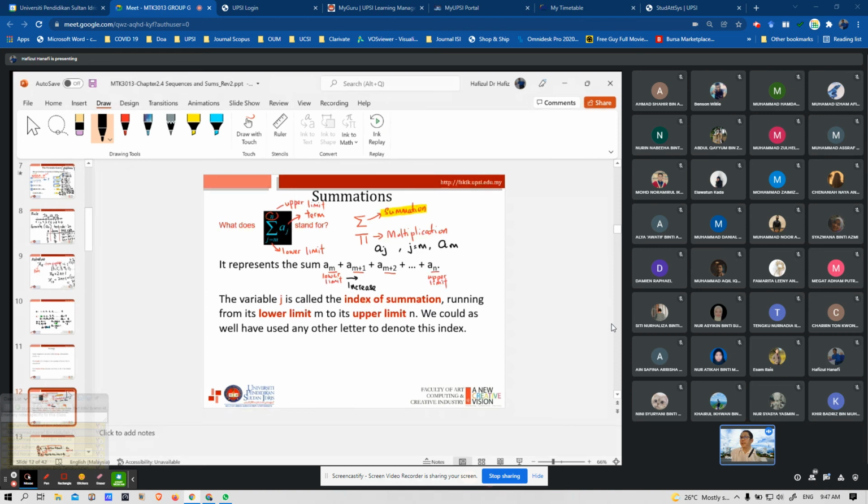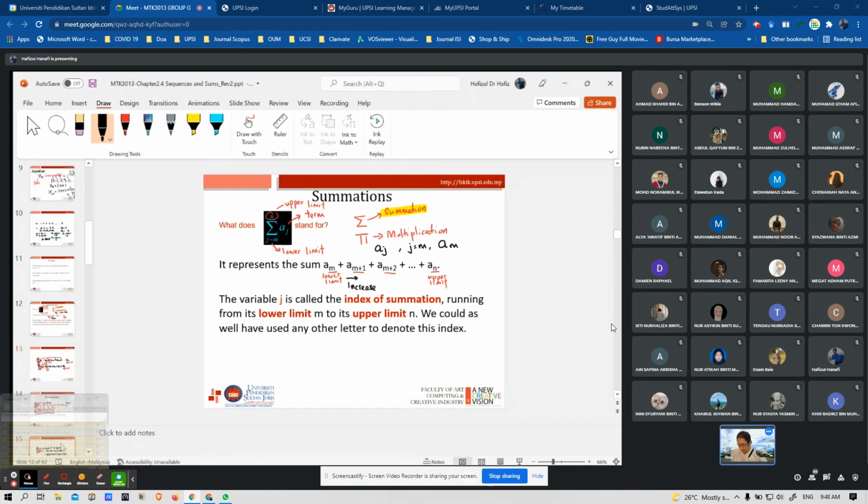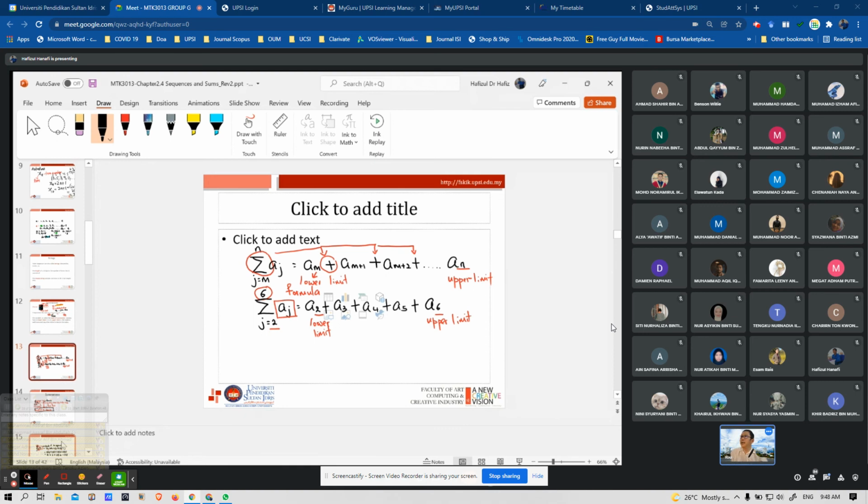We could as well have used any other letter to denote this index. For example, we have the summation of a_j, starting from the lower limit m: a_m plus a_(m+1), a_(m+2), and so on, whereby n is the upper limit.